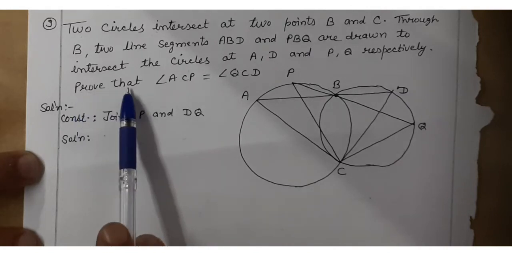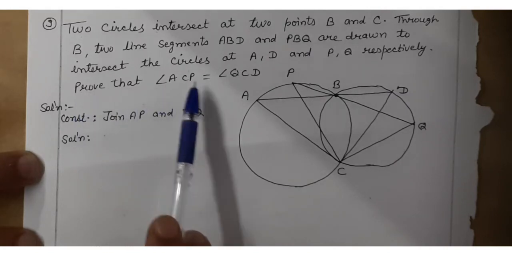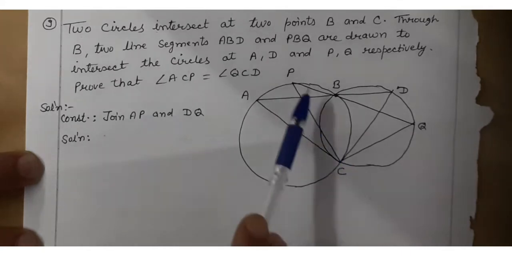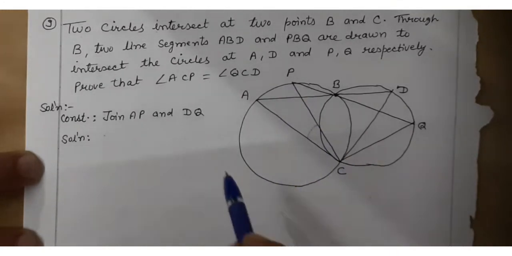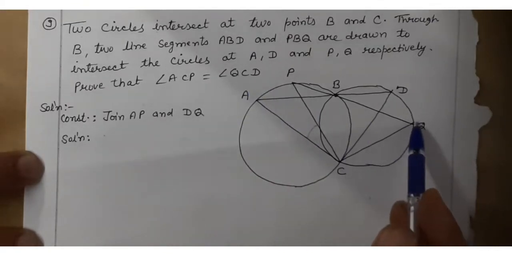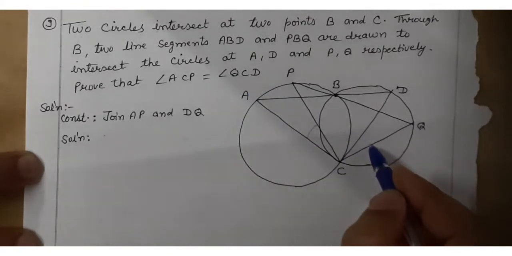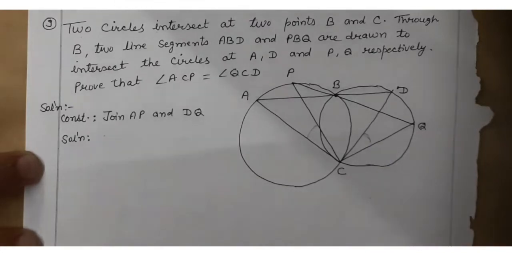Okay. What you have to prove? Angle ACP and QCD, both are equal. You have to show these angles are equal.